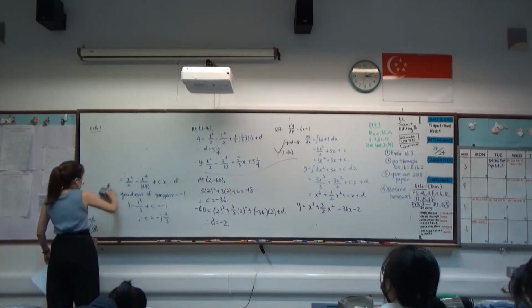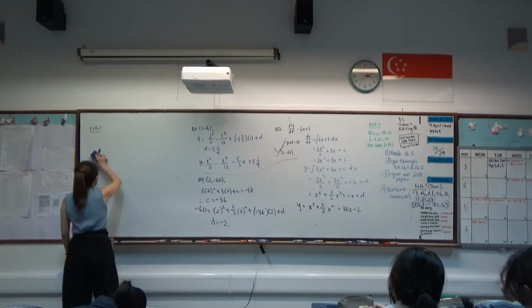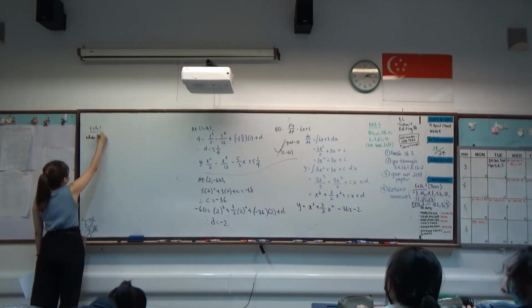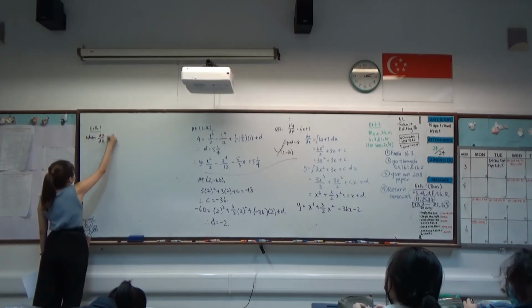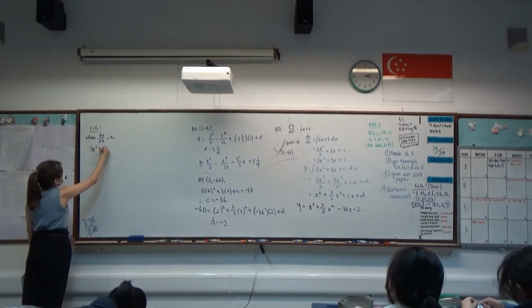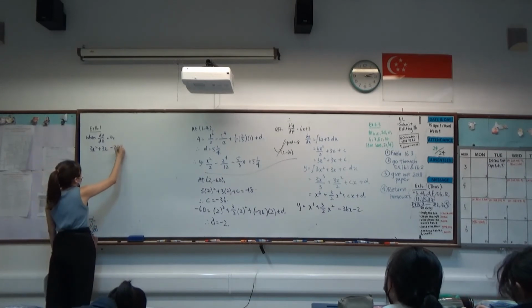So dy/dx equals to 0. That means your 3x² plus 3x plus c, that's negative 36, equals to 0.